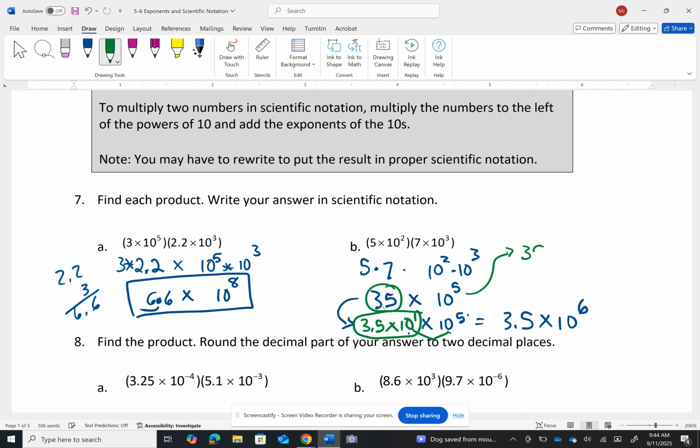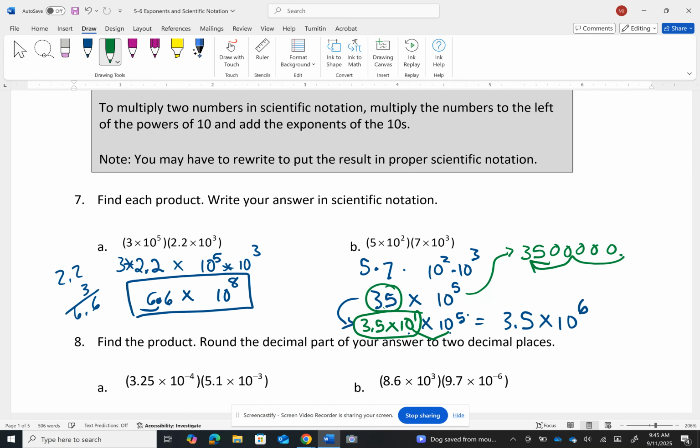They might take that 35 times 10 to the fifth, which means you'd have 5 zeros there at the end, and then they go from there back to scientific notation. And they see, oh, okay, so I'm going to have 1, 2, 3, 4, 5, 6, right? So you need a way of doing that and understanding that it's going to be 3.5 times 10 to the sixth when you're finished. Okay?